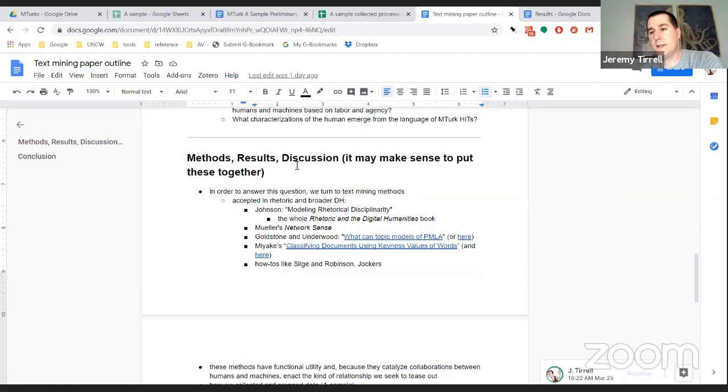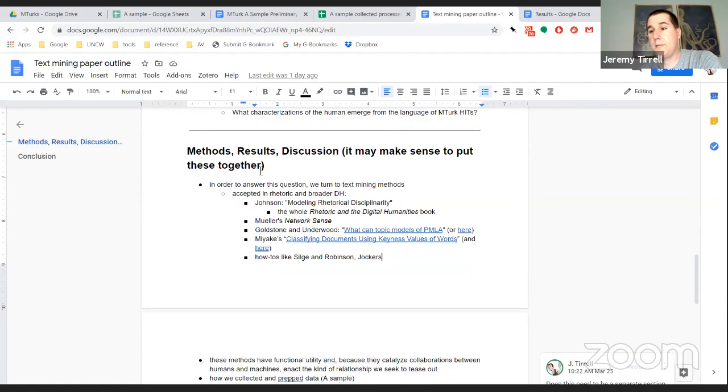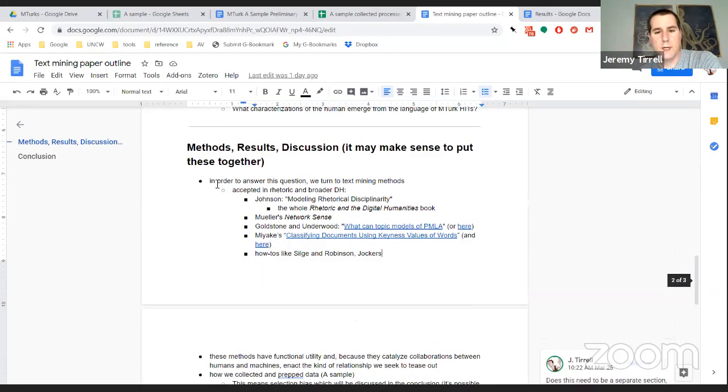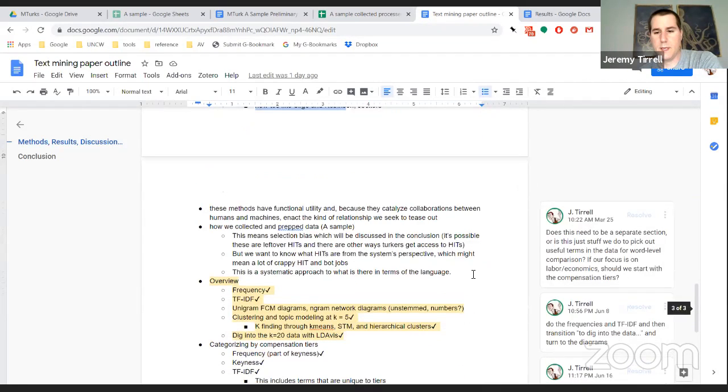Then we'll move on to the discussion, where we essentially connect the results we find with a larger theoretical framework. We discuss the import of what's happened. Probably in terms of the ways we're moving, I now have updated our methods section, which is basically here to here.